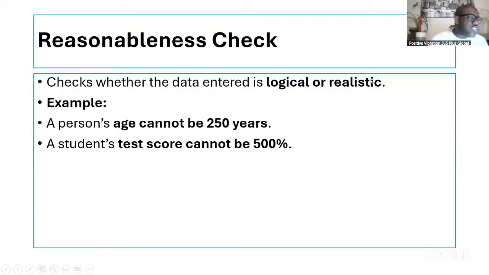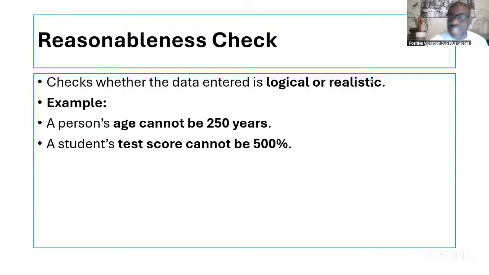The other check that you need to be clear about is called reasonableness check. Now, this one checks whether the data entered is logical or realistic, right? So here's an example. If I enter somebody's age as 250, that makes no sense. That is just not logical, not in this time.